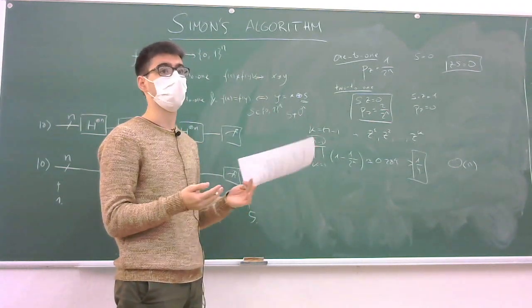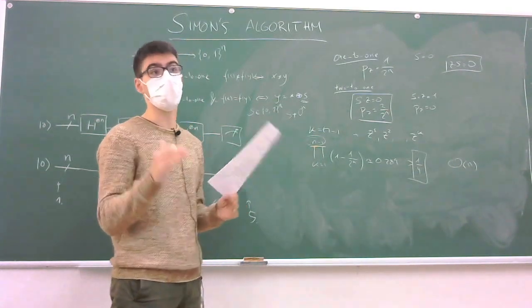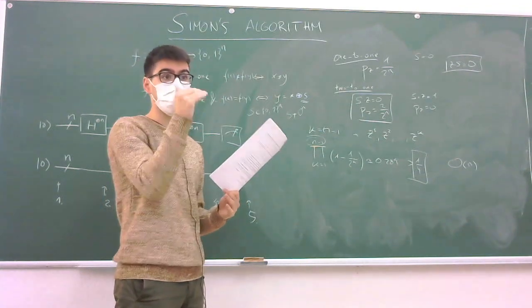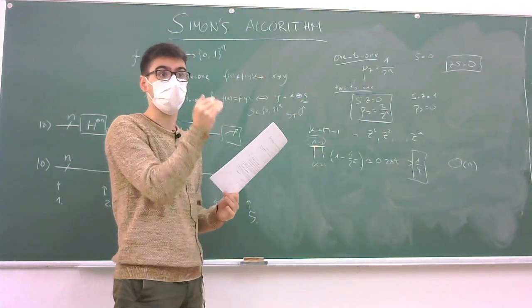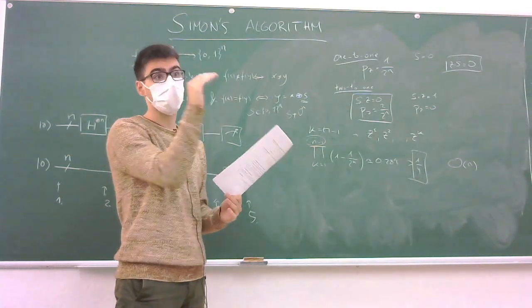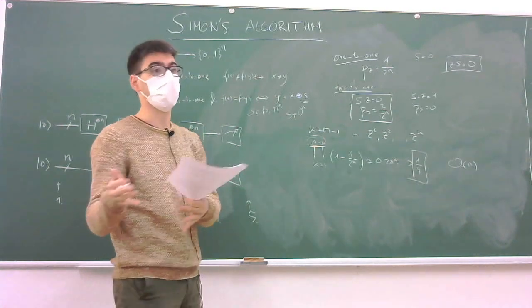So you need n minus 1 different values. If not, you could get different s values that satisfy your reduced system of equations, and then you will have to check which of those strings satisfies this relation.